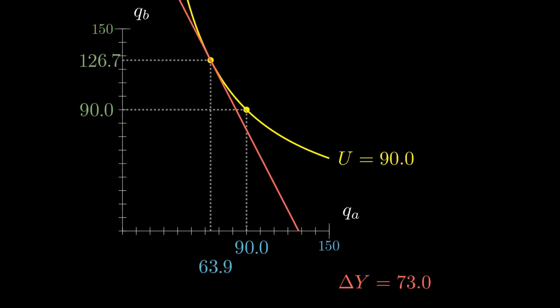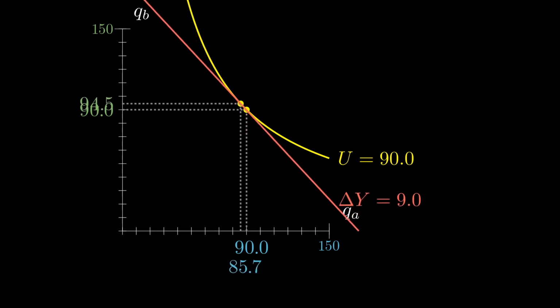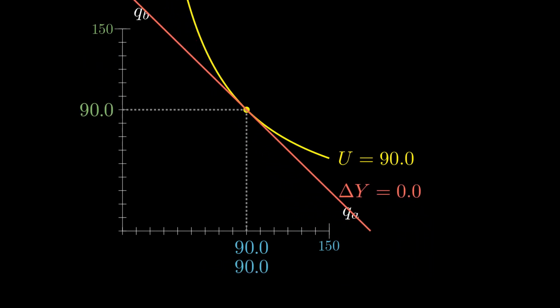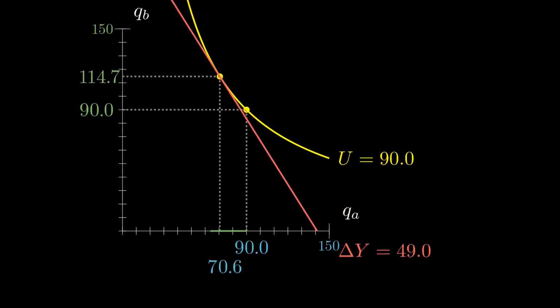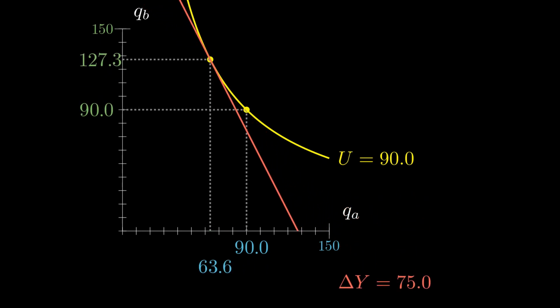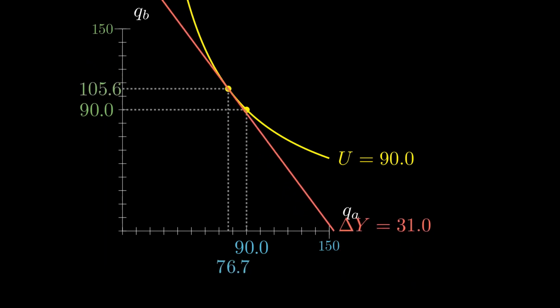For our normal good, QA, we get both the along and the across effects. The along component, the substitution effect, sort of rotates us along the indifference curve. We stay on the indifference curve, changing the marginal rate of substitution and the marginal rate of transformation according to the new prices.